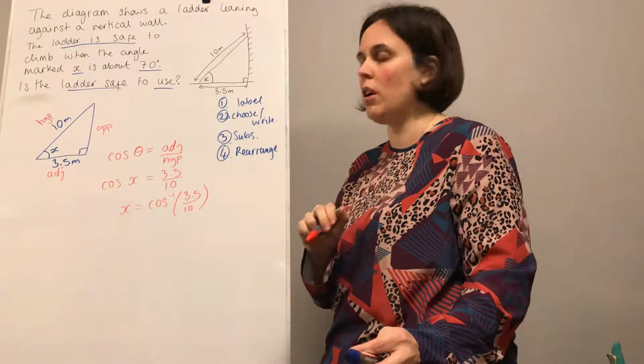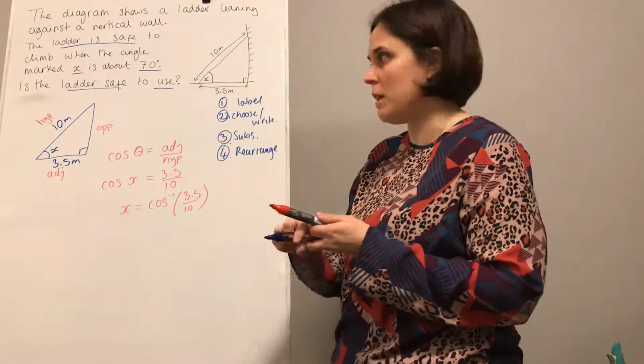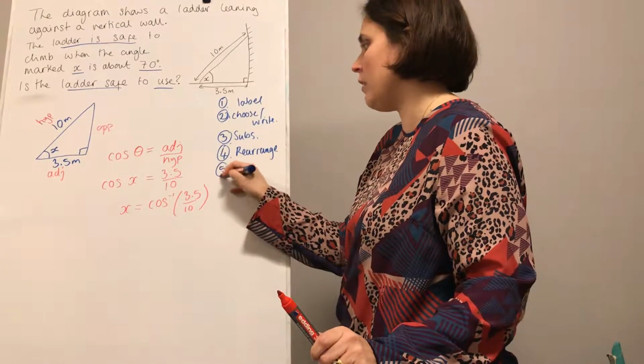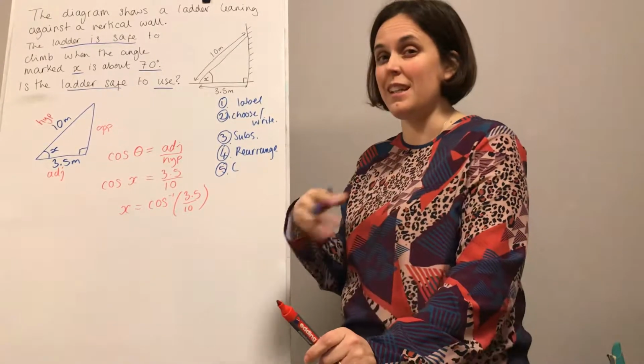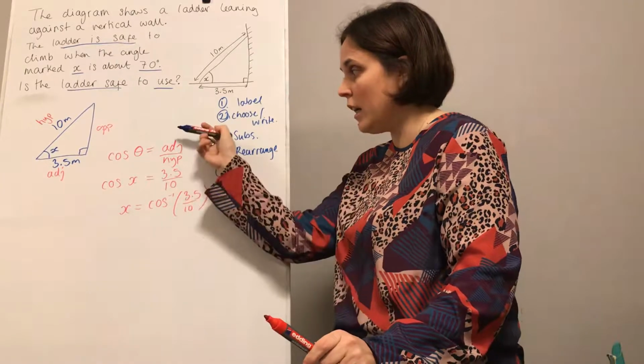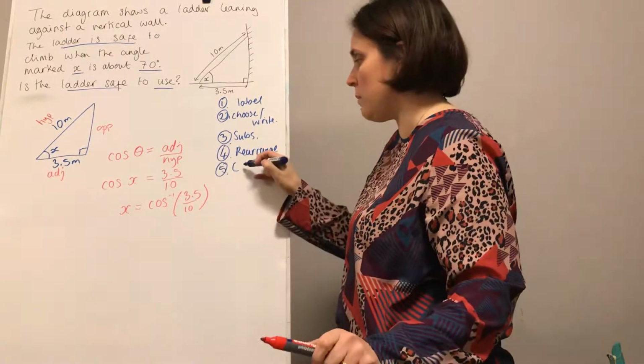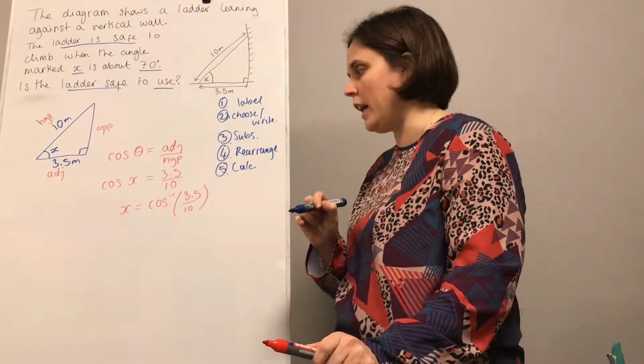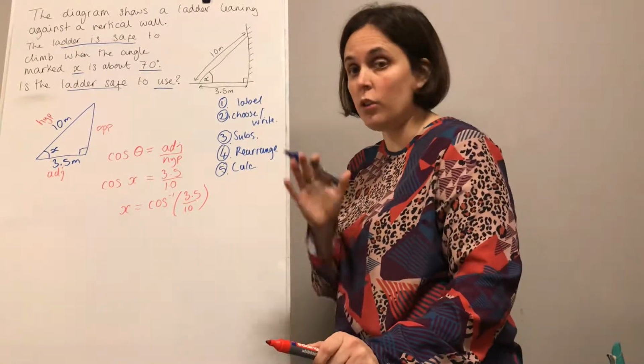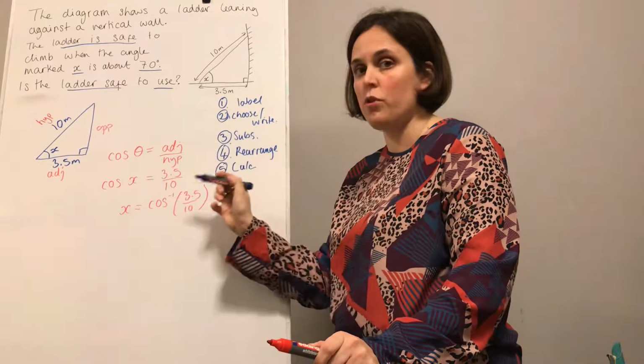Let the calculator do all the hard work for you, which brings me to the fifth step, which is calculator. What a lot of students do is they tend to go to the calculator too early. If you get all of this written down first, then you're less likely to make a mistake. Now importantly, this is a trigonometry question.